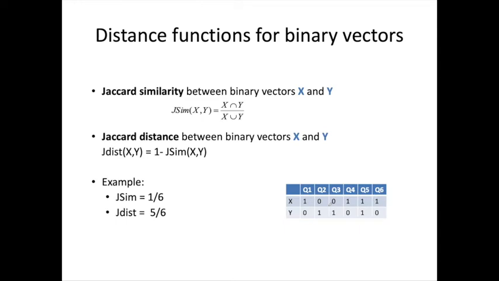Another quite important and popular metric is called the Jaccard distance, which is using the Jaccard similarity. It's just basically using this equation in order to compute the distance between two elements. For example, this could be numbers, but it could also be categorical features. To compute the Jaccard similarity, all we have to do is count.